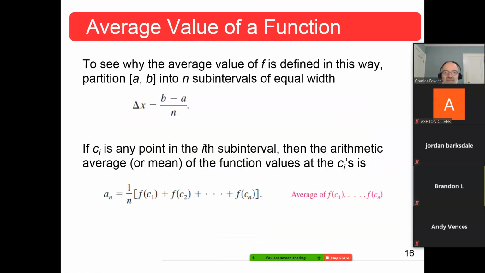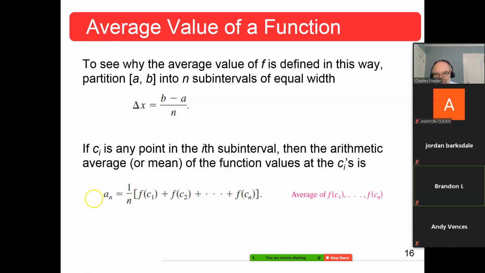Okay, so to see why the average value is defined in that way, if you partition a to b into n subintervals of equal length, delta x equal to b minus a over n. Oh no, I thought we were through with these, okay? And if c sub i is any point in the i-th subinterval, then the arithmetic average, or the mean, of the function values at those c sub i's, you have n of those, is the arithmetic average.